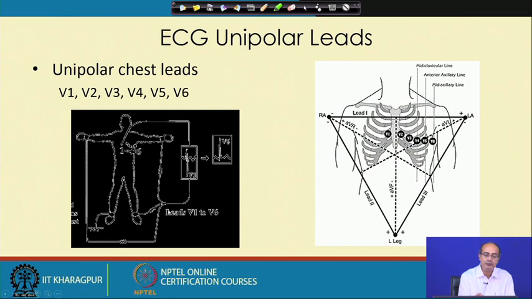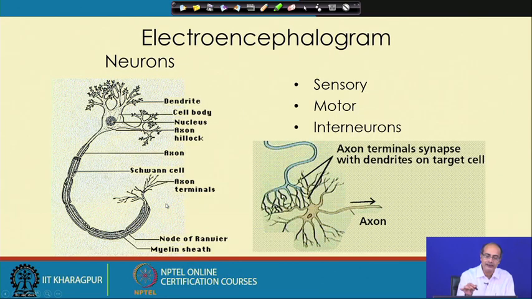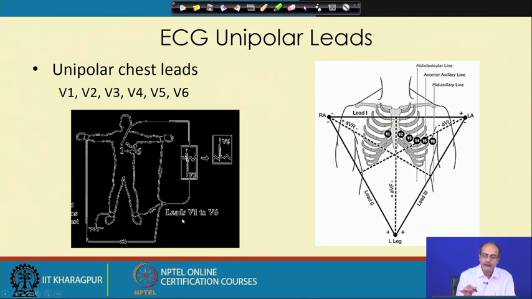The other three points, the left leg, left arm and right arm, are connected through equal resistances, and this point serves as the reference here.